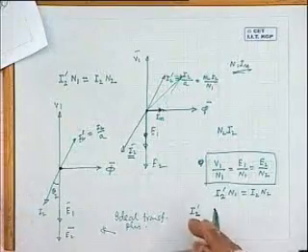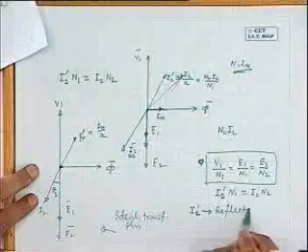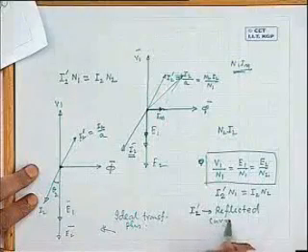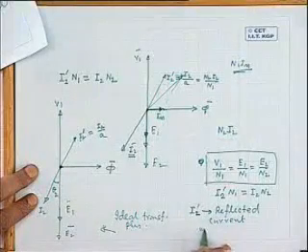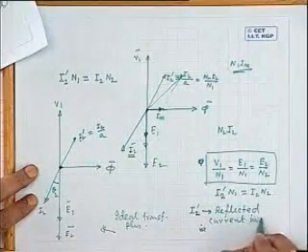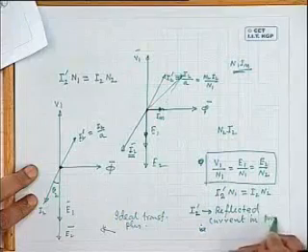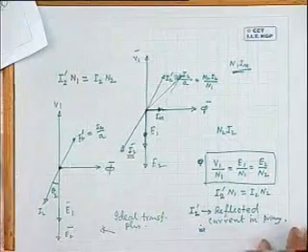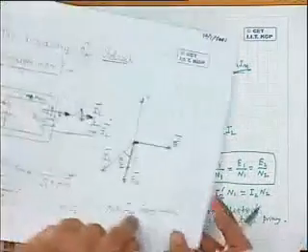I have put I2 here with a dash to indicate that it is a current drawn by the primary because the secondary is carrying a current. So I2 dashed I have written to show that on its own it will not draw current from the supply. So it is called reflected current in the primary.